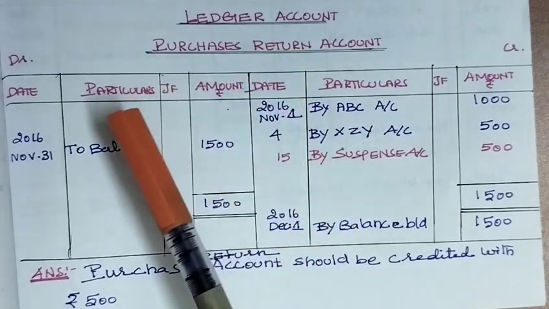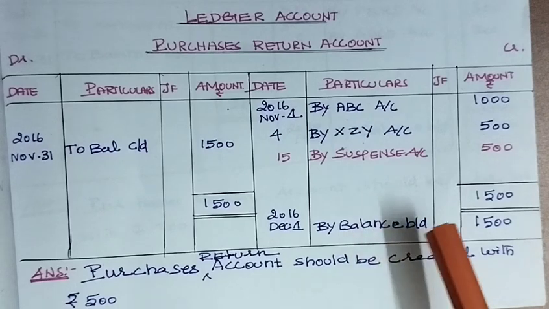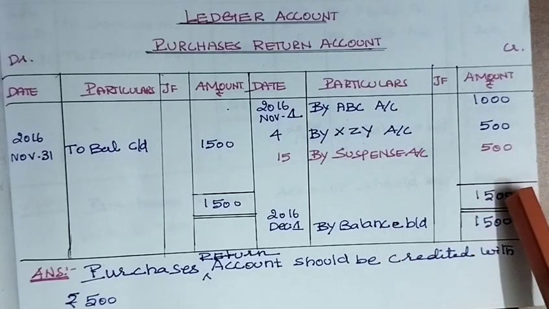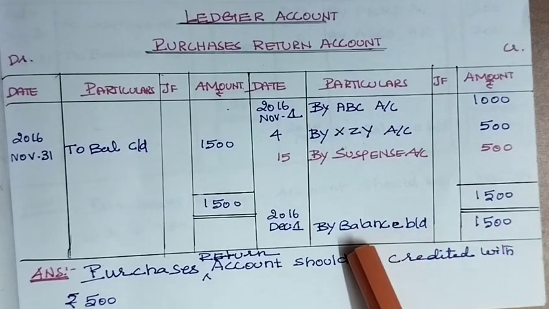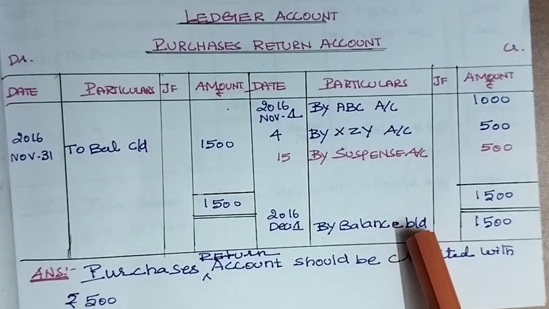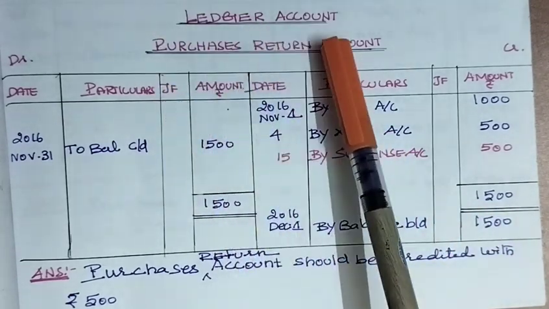Then you bring it to the opposite side and enter 1500 below the total, and against this 1500 you write by balance brought down. This is the opening balance of the purchases return account.